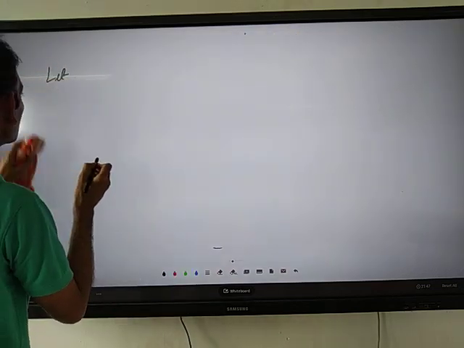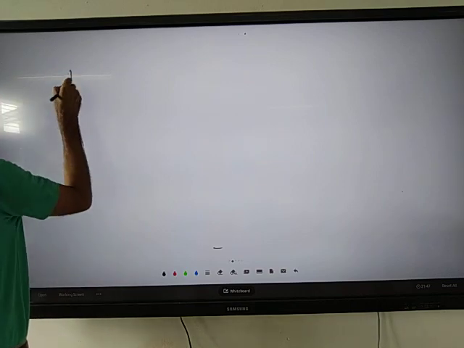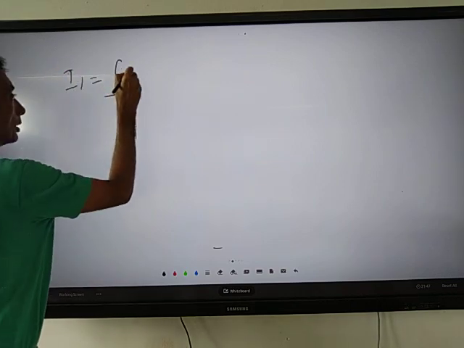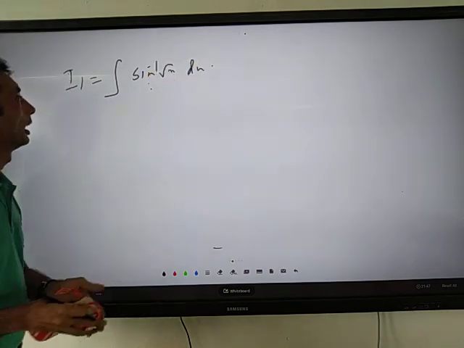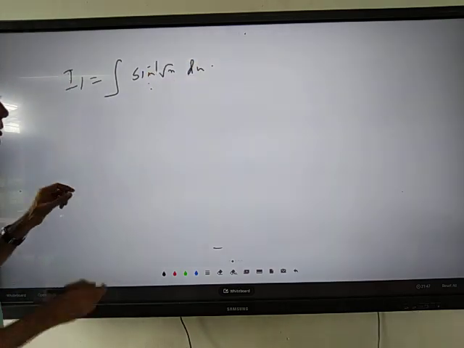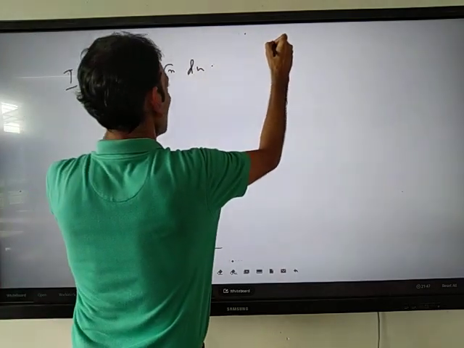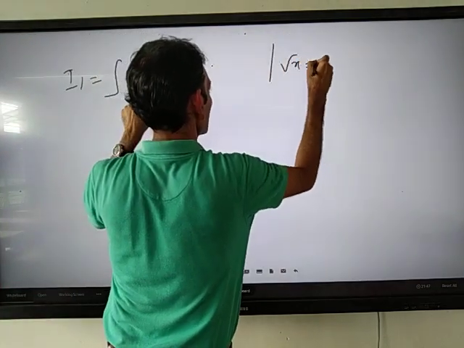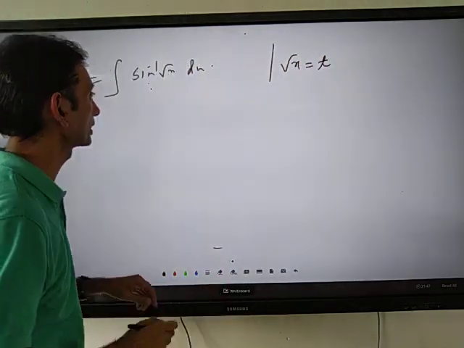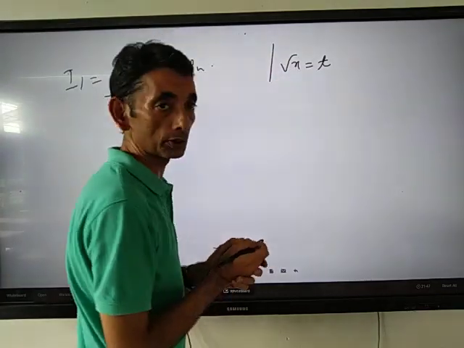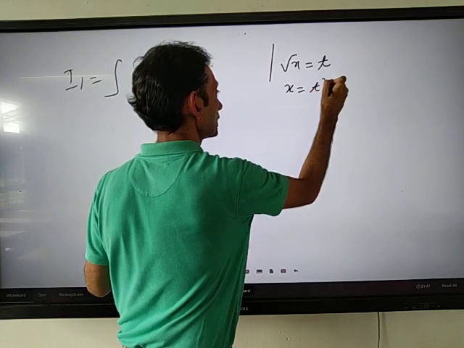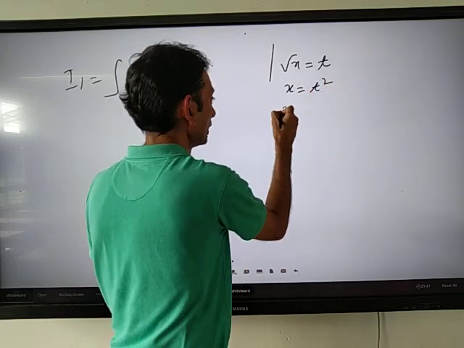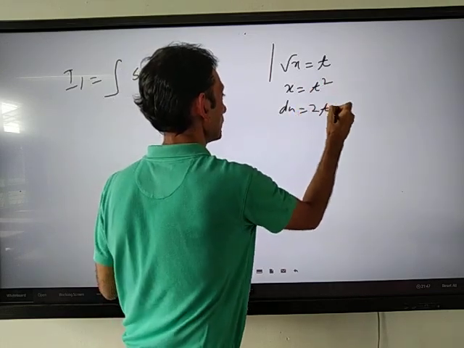Already we are assuming I1 equal to the integral of sine inverse root x dx. Let root x equal to t. In case root x equals t, x is equal to t squared, so differentiating, dx equals 2t dt.